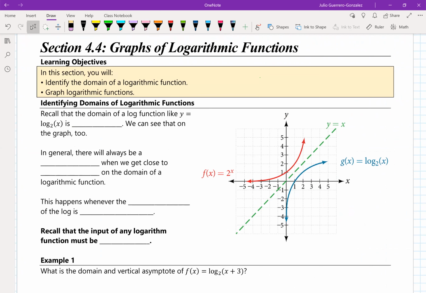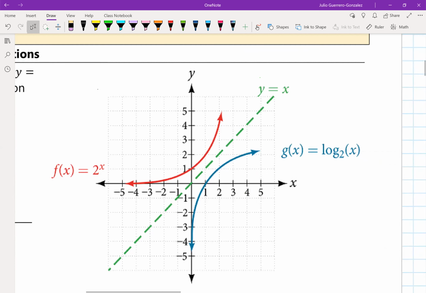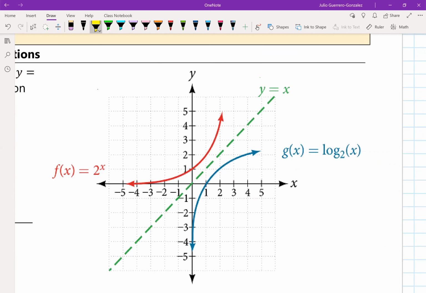So we have two graphs here. What I want you guys to notice is that this is 2 to the x, and this is log base 2 of x. Both of these functions are inverses of each other.